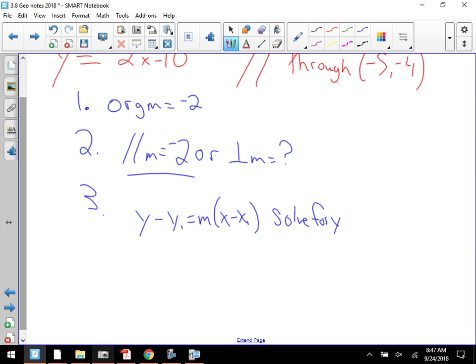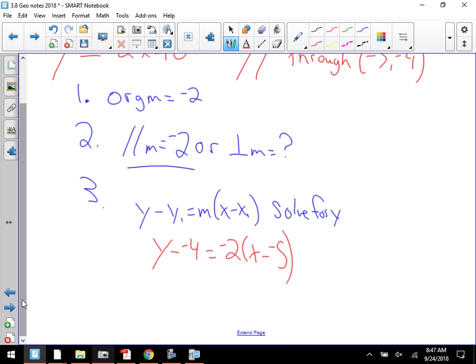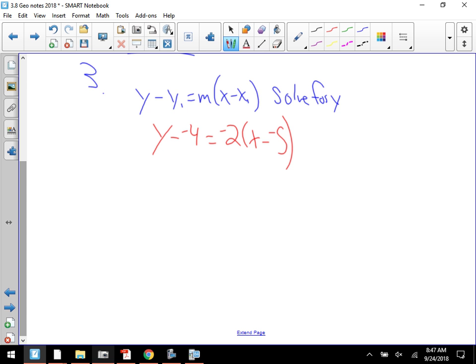Okay. So now you fill in the blanks. Y minus a negative 4 equals negative 2 times x minus a negative 5. I'm just doing direct substitution for what we have. But remember what we did. Minus and negative, what do we always rewrite that as? Plus. Very good. So I'm going to rewrite this one time.